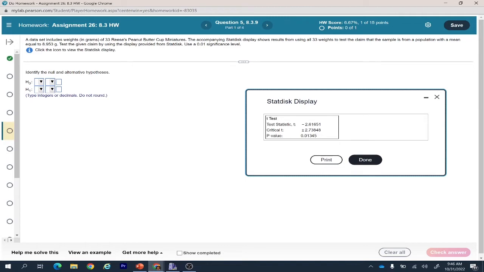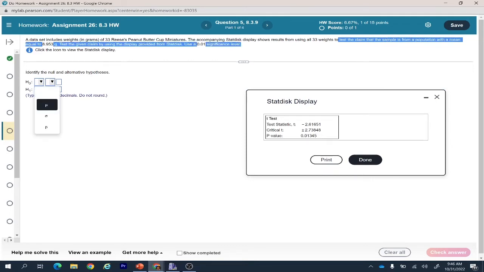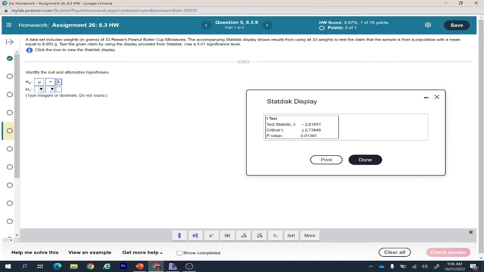Here we would like to check the claim. Where is the claim? To test the claim that the sample is from a population with the mean equal to 8.953.